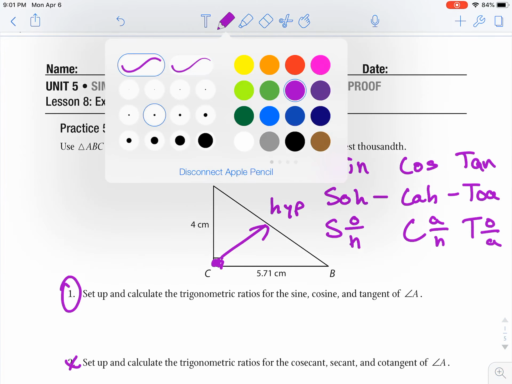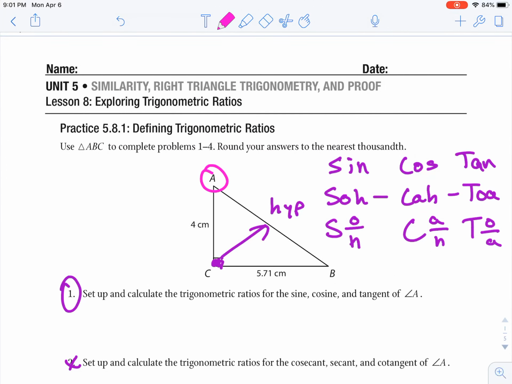If I'm looking at A, then when I go across, that's opposite. This one is automatically the hypotenuse, so this one has to be the adjacent. It's called the adjacent leg because adjacent means next to, and leg is a leg of the right triangle instead of the hypotenuse. The hypotenuse is not called a leg.